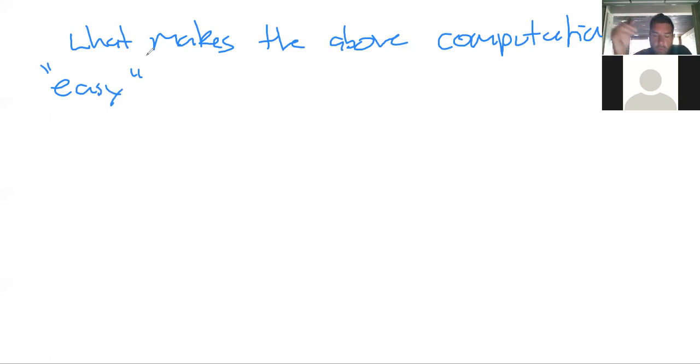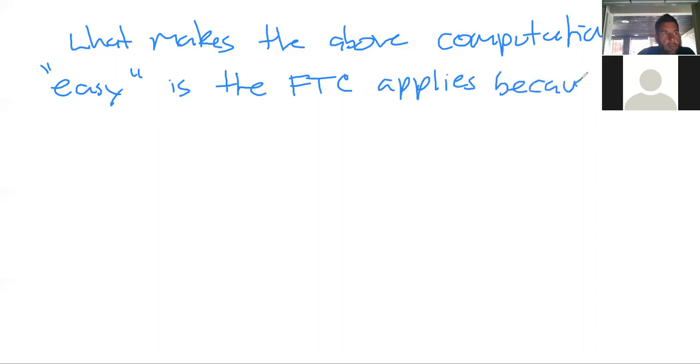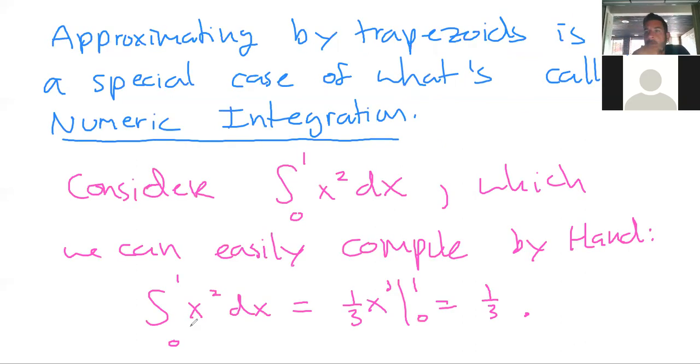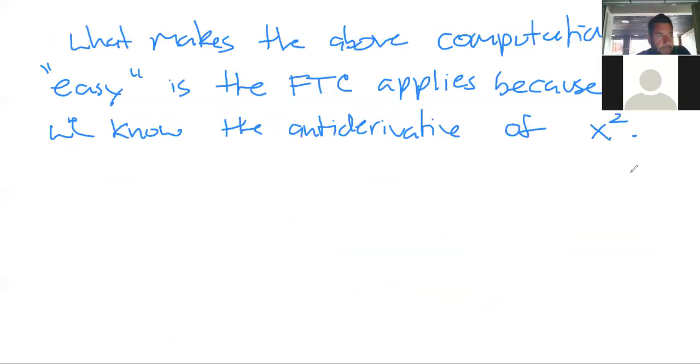But what makes it quote unquote easy is that the fundamental theorem of calculus applies because we know the antiderivative of x squared. The function we're trying to integrate is x squared, and since we readily know how to find its antiderivative, we can do this sort of trick.